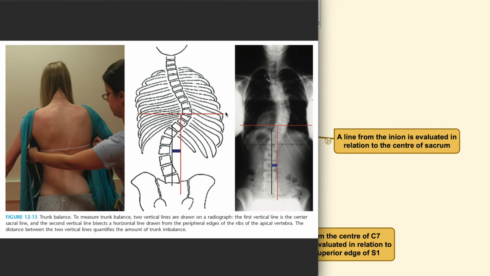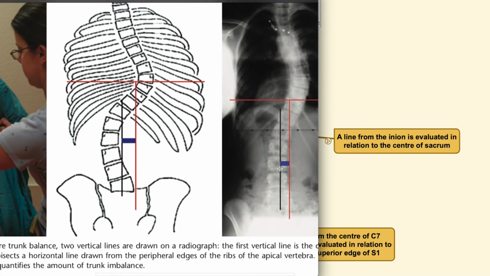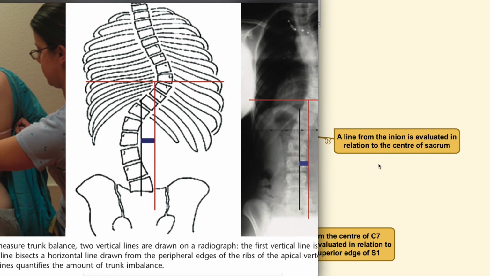So you draw a line here at the widest portion, and you take the mid portion of it and draw a line down here. Now the distance between these two lines quantifies the amount of trunk imbalance that the patient has, as depicted here in purple. You can see it here.